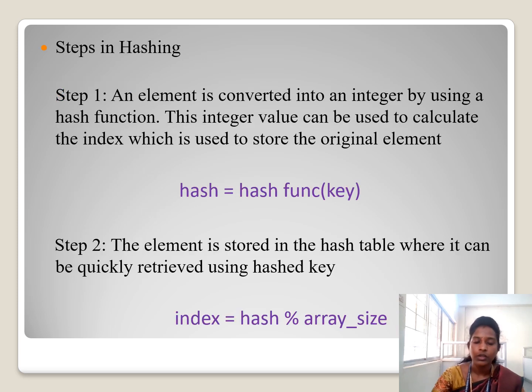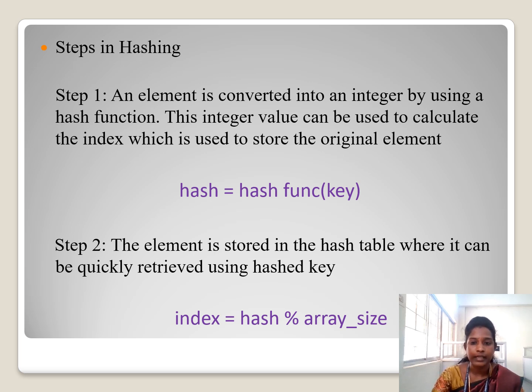There are some steps to perform the hashing technique. We use two steps. The first step is that an element is converted into an integer. Whenever an element is given, we find the ASCII value for that element and convert it into an integer.